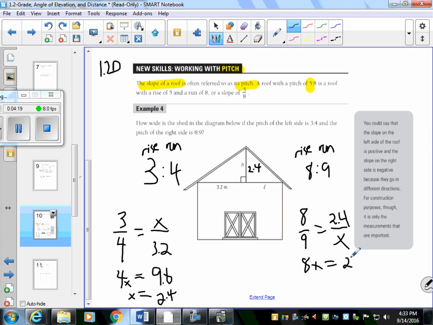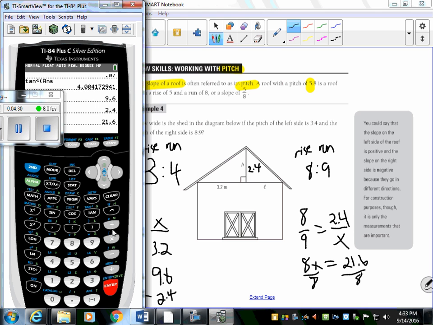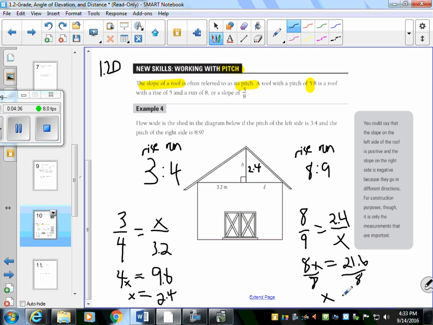To solve for x all by itself, we got to divide both sides by 8. 21.6 divided by 8 equals 2.7. So that means in this diagram, that unknown length is 2.7. So this is 2.7.